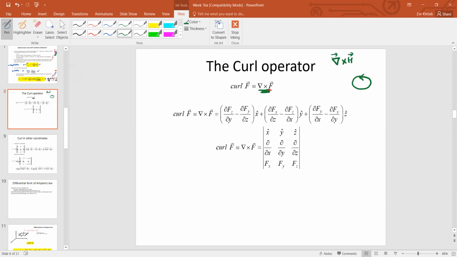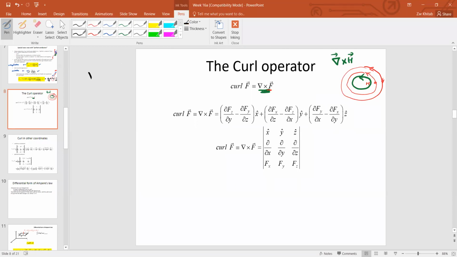Curl of a magnetic field means how many loops you have of the magnetic field in a unit area. This is magnetic field, this is magnetic field. How many loops you have in a unit area, that is going to give you the curl. That's actually the curl operator.